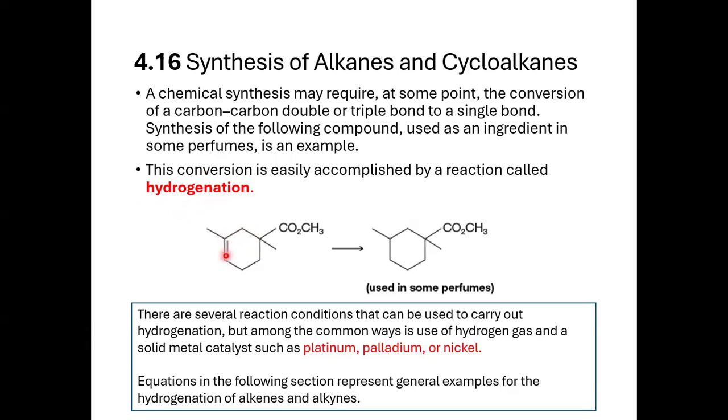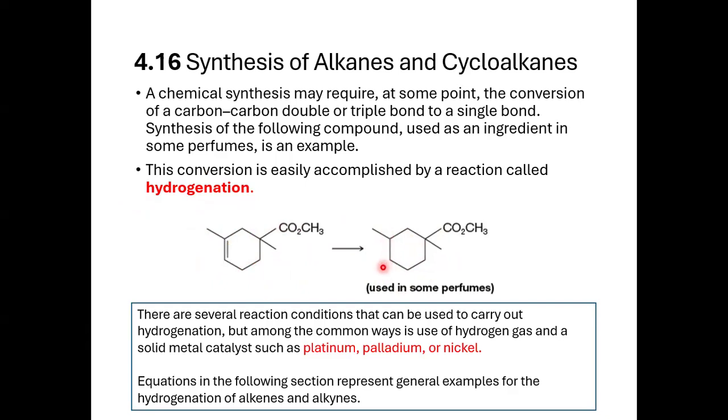If you see a double bond, we can convert this to an alkane. So what is a hydrogenation reaction? The reactant, from the word hydrogenation, is H2, hydrogen gas, which reacts at the double bond to give the alkane.